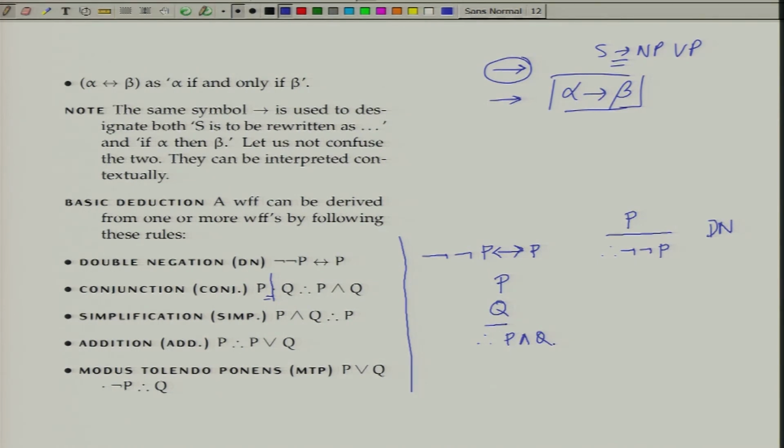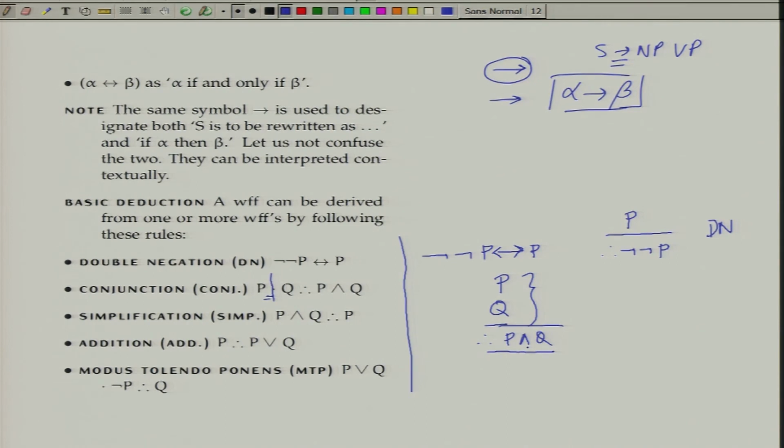This and was not there in the premises. These are called the premises. We introduce and in the conclusion, but this is a new string, and this is like we license a new string on the basis of other things given.